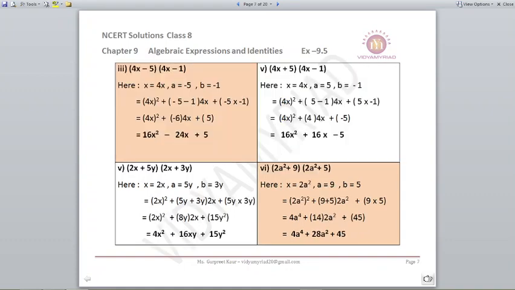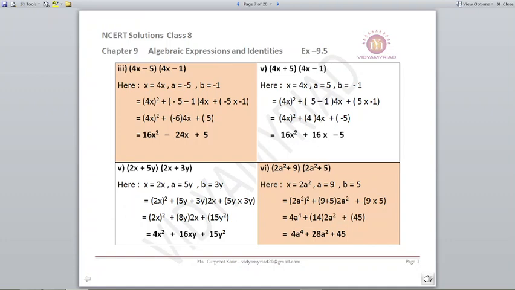Next, third part, 4x minus 5, 4x minus 1. Now x is 4x, a is minus 5, b is minus 1. Let us put it into the formula, that is x square plus in the bracket (a plus b) the whole x plus a into b. So what is x square? (4x) the whole square plus in the bracket (a plus b).